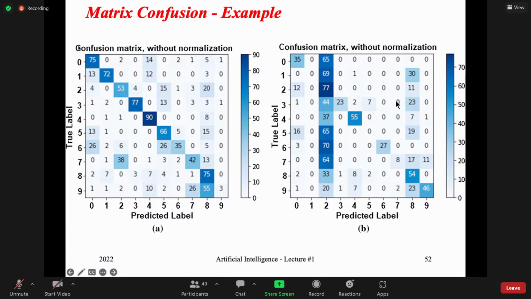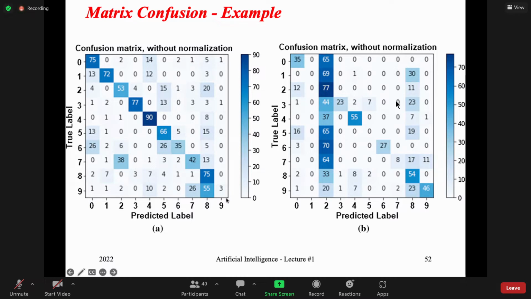Ideally we should have an identity matrix. In the ideal case, if the classifier is perfect, we have 100% here, 100 here, 100 here, and so on. As we can see, this classifier is not so bad, but there are a lot of mistakes between this one and this one, so we have to correct this.